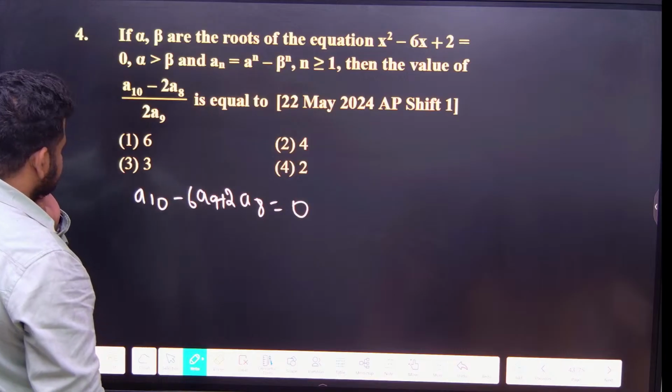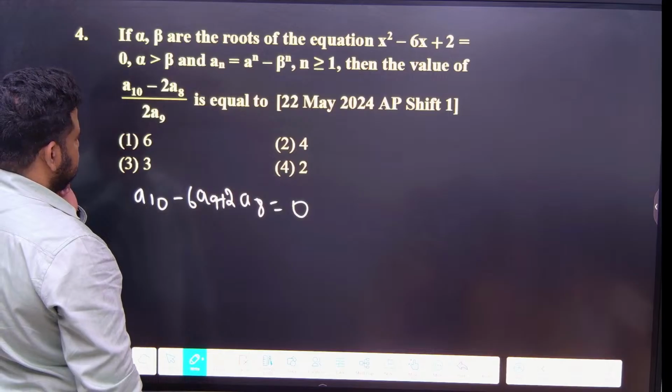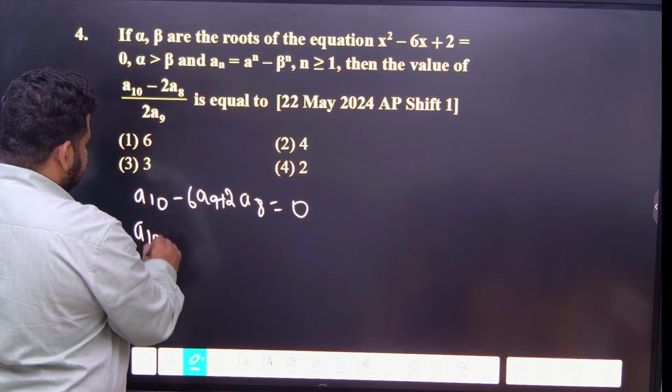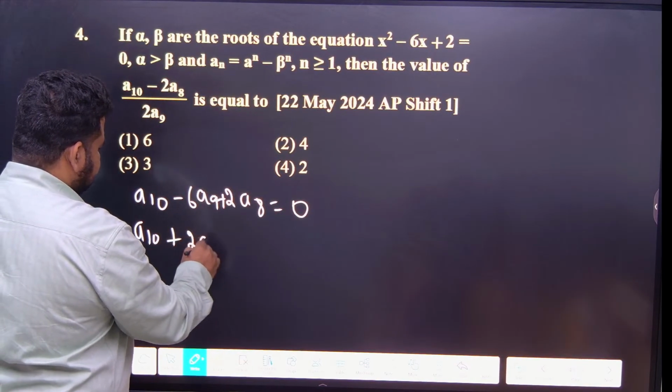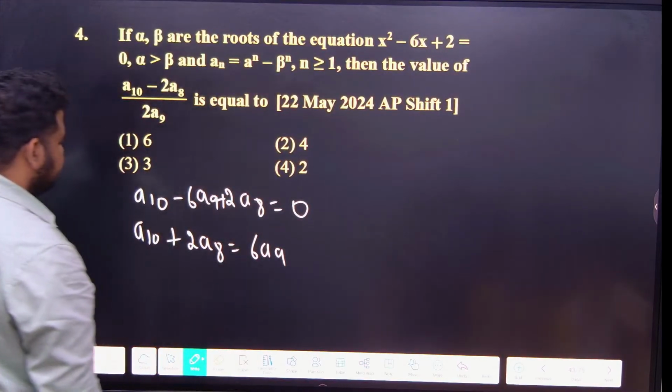Now what we can do here, so a10 plus 2a8 is equal to 6a9, correct?